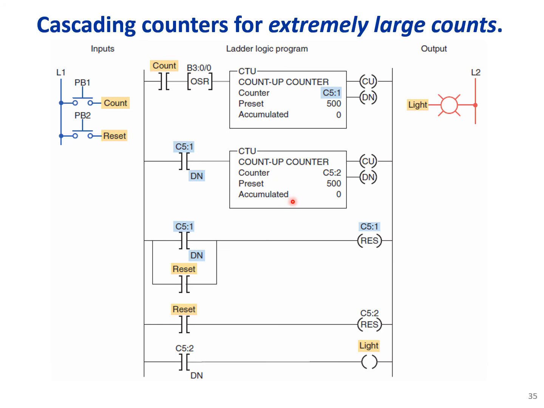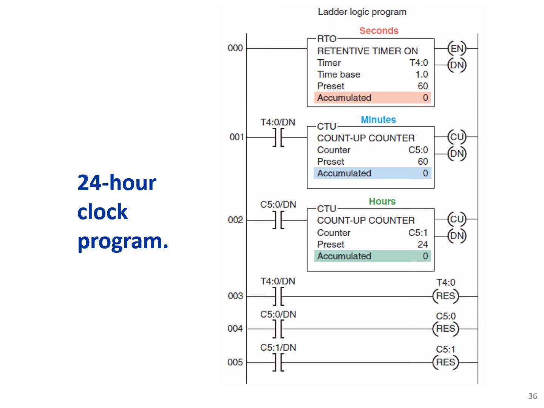So you see that every number here represents 500 counts, and the maximum that we could count is 500 by 500. And if we increase these preset values to the maximum value, we could reach extremely large numbers.